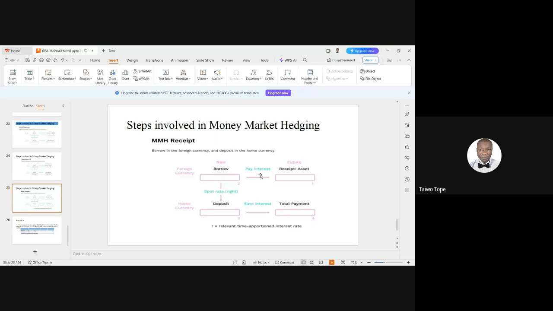So it's a way of guarding against risk. So you are expecting 8 million in 3 months' time. Now, how much will you borrow that will equate to 8 million in this foreign currency? How much will you borrow?